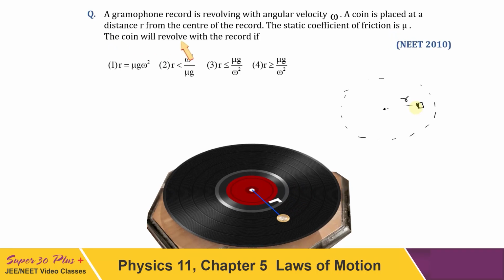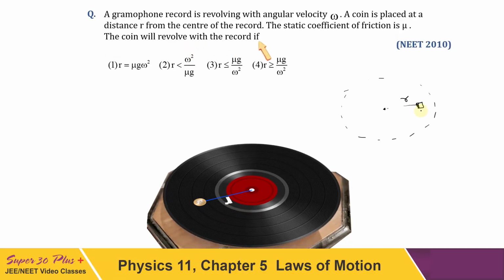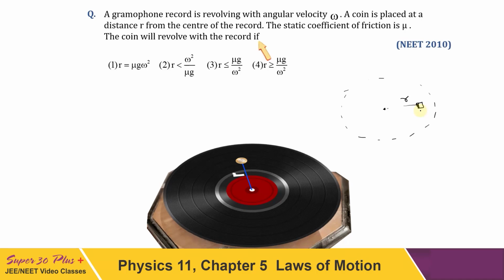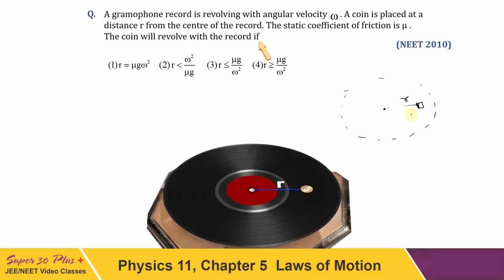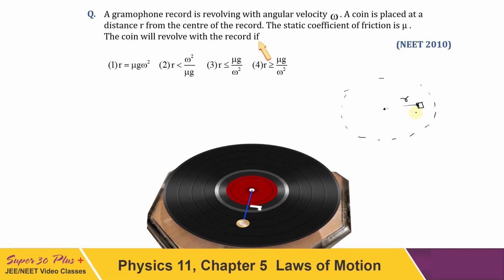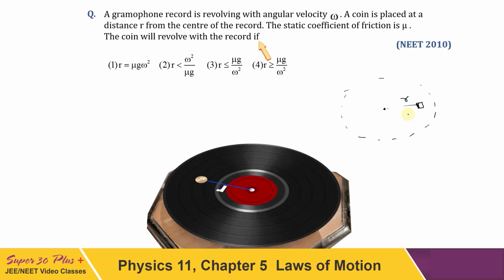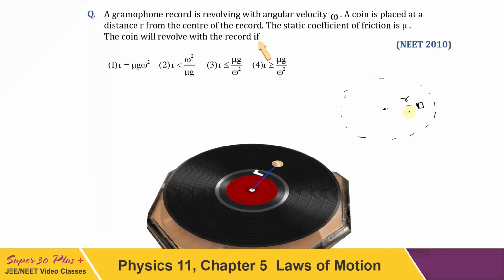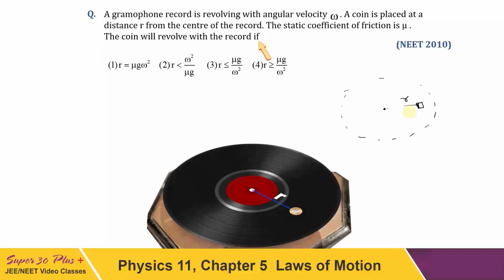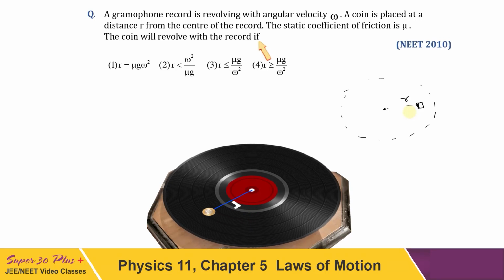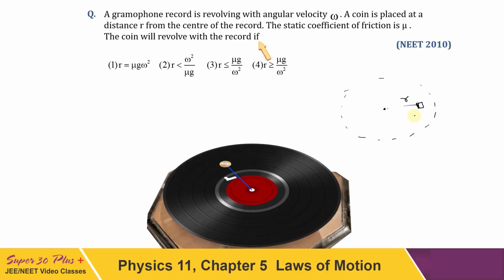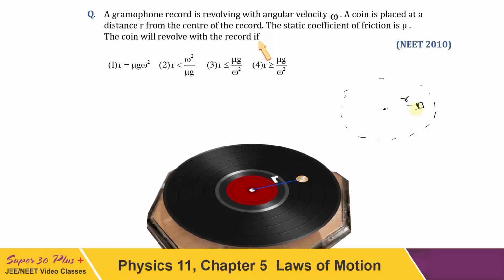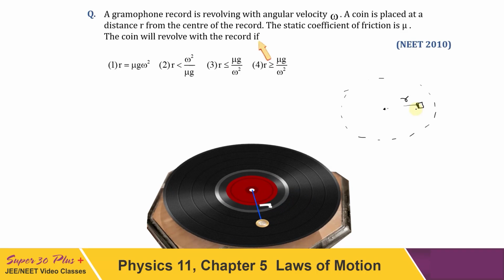The coin will revolve with the record if. Now see, to revolve it must have some centripetal force. Can you see any force that can provide the necessary centripetal force? Can it be weight? Can it be normal? No, because these are vertical forces and the centripetal force should be in the horizontal direction. So the only remaining force should be friction.